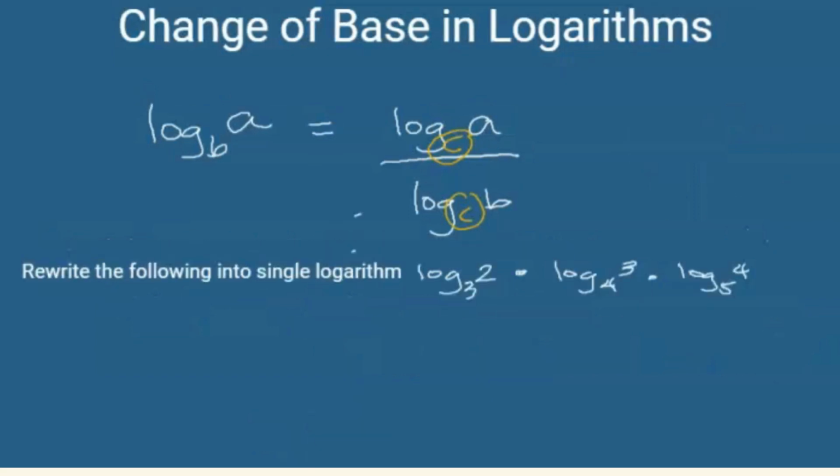Okay, next example, rewrite the following into single logarithm. Logarithm of 2 to the base 3 times logarithm of 3 to the base 4 and times logarithm of 4 to the base 5.